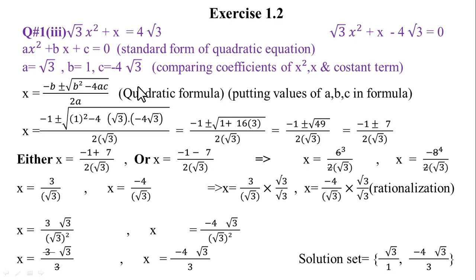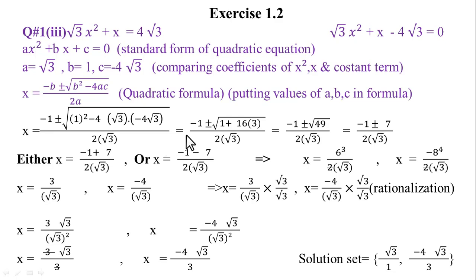Quadratic formula: x is equal to minus b plus minus square root of b square minus 4ac, divided by 2a. Now putting the values of a, b and c in the given formula, x is equal to minus the value of b, which is 1, plus minus square root of 1 square minus 4 into the value of a, square root of 3, multiplied by minus 4 into square root of 3, divided by 2 into square root of 3.